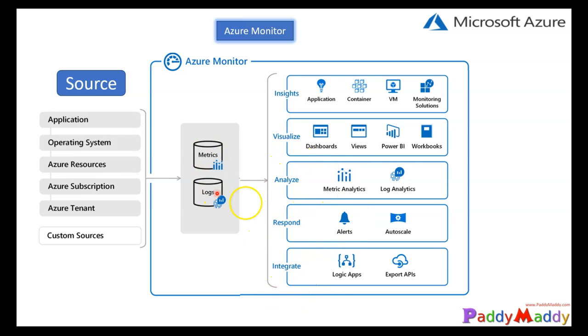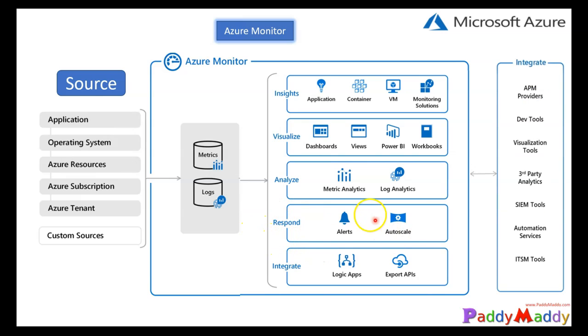This data can be fully integrated within your different types of applications, and you can respond by sending emails, auto scaling, or doing some kind of action. You can also integrate tools like an ITSM tool to get a ticket created when a CPU spikes or some application becomes a bottleneck. Such things can be done with the help of Azure Monitoring.